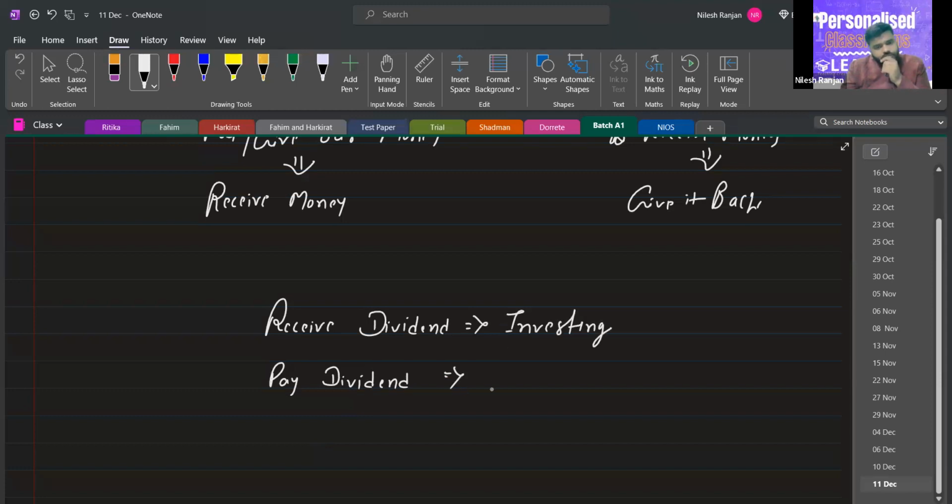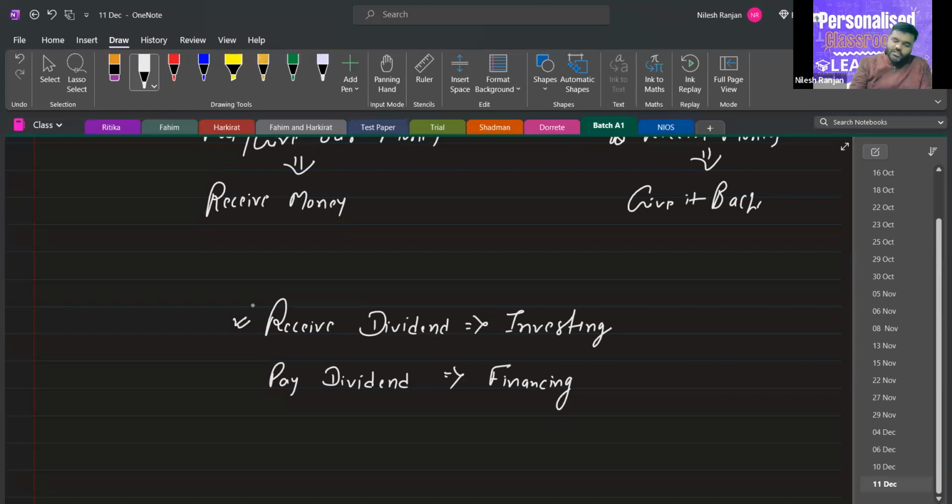And paying dividend would be financing. Receiving dividend means you have invested some money somewhere, then you can receive dividend. In the same manner, if you are paying dividend, then you have issued your shares to the public in the market, so now you have to pay dividend to those shareholders. Understood?